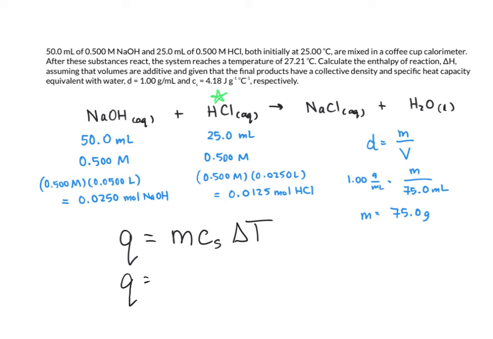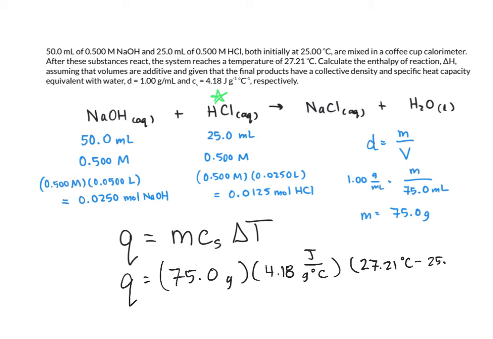Q is equal to 75 grams multiplied by the specific heat capacity, 4.18 joules per gram degree Celsius, times the temperature change, that's our final temperature minus our initial temperature, 27.21 degrees C minus 25.0 degrees C. If we multiply all of this out, we ultimately determine that the amount of heat that this mixture produced is 693 joules.